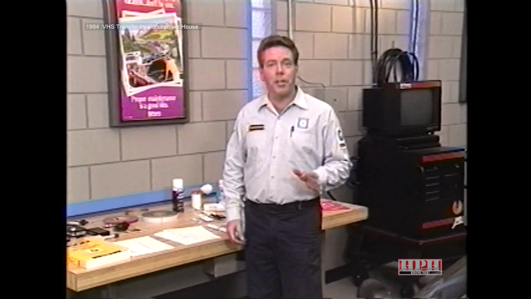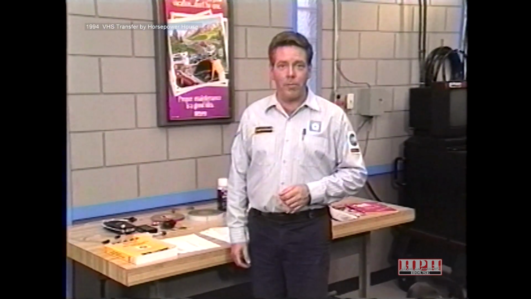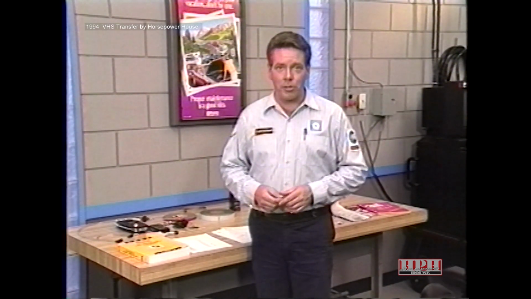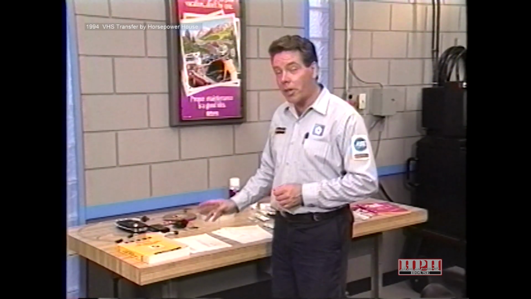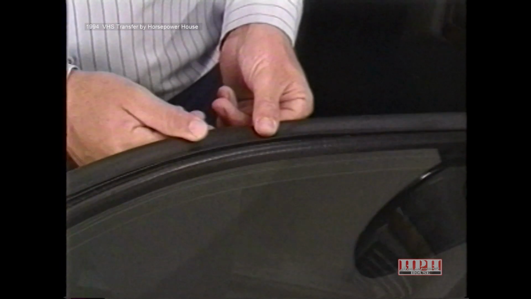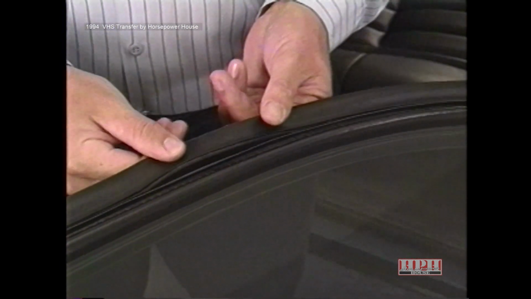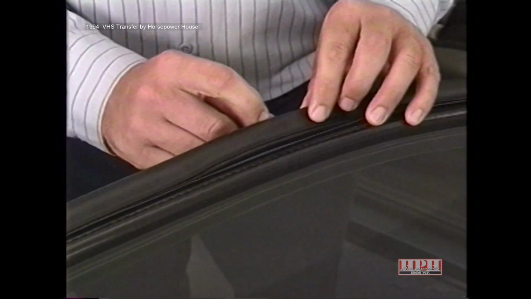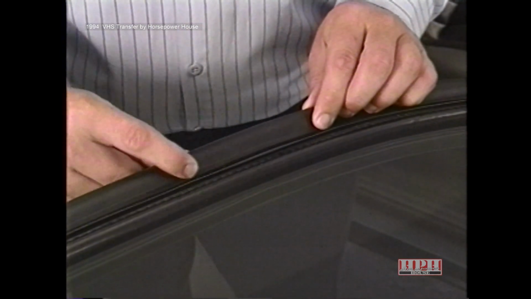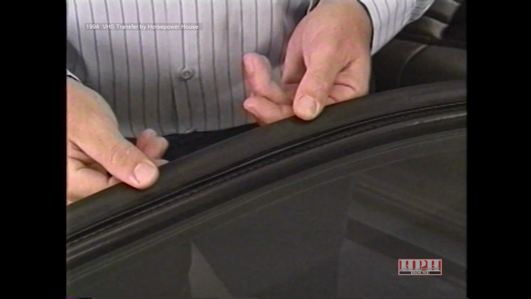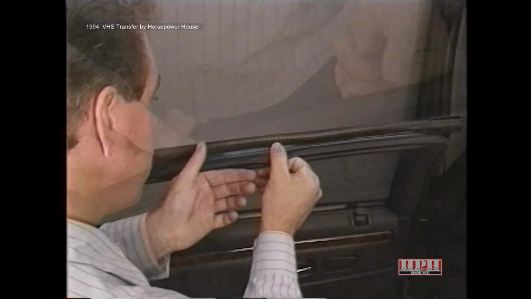If you don't find any TSBs related to the problem, your next step will be to perform a detailed visual inspection in the area indicated on the customer feedback form. If the description of the problem seems to indicate an air leak, you should pay special attention to weather stripping, seals, moldings, and body components. Are they loose, missing, torn, or distorted?